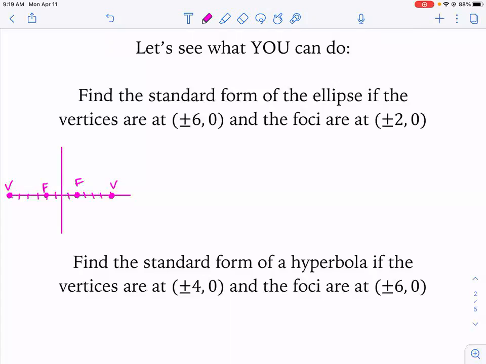But let me give you a hint. I'm going to give you a timeout real quick. For your standard form, do you need B or do you need B squared? You need B squared, right? So if B is radical 32 and you're doing all this work to reduce it, you don't really need to. In your equation, you just need B squared. So solve for B squared. Don't take the square root. Just solve for B squared and stop. You see what I mean by that?